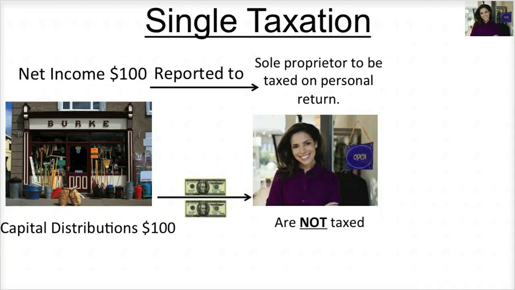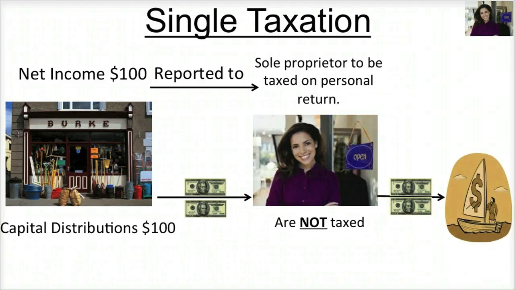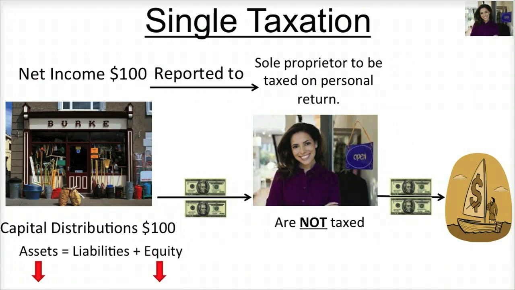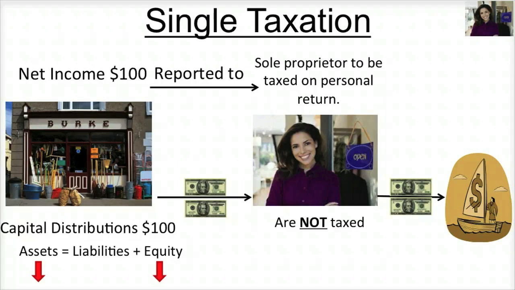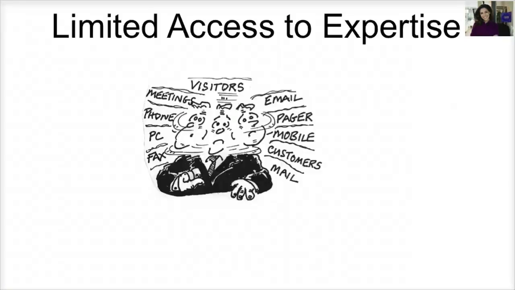Capital distributions are a distribution of the sole proprietorship's assets to the owner to be used for personal purposes. They reduce the sole proprietorship's assets and reduce the owner's equity in the sole proprietorship. If a sole proprietorship's net income and its capital distributions were to be taxed, sole proprietorships would be subject to double taxation. But you already know they only have single taxation.